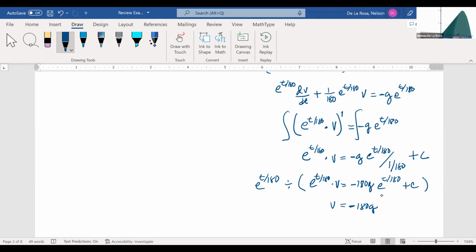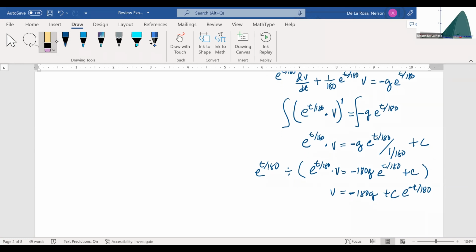Then when we divide by e to t over 180, that term is going to cancel. So we have simply plus c times e to negative t over 180. So that is our expression for the velocity depending on t.